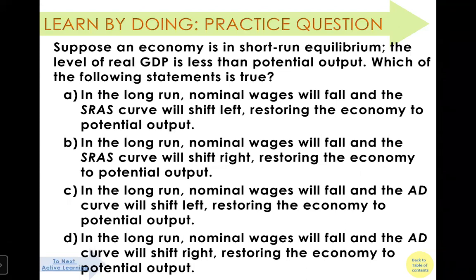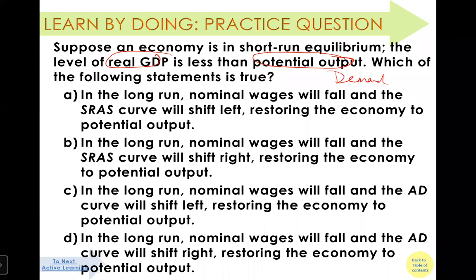Let's suppose an economy is in short-run equilibrium. And in this short-run equilibrium, the level of real GDP is less than potential. Now this question asks which of the following statements is true. So again, as I mentioned earlier, usually we assume we are hit by a demand shock.